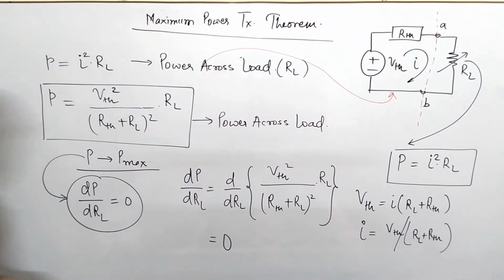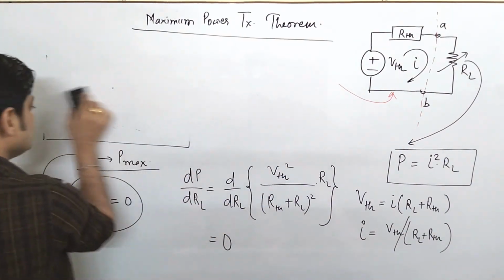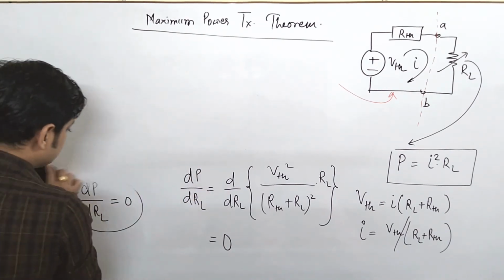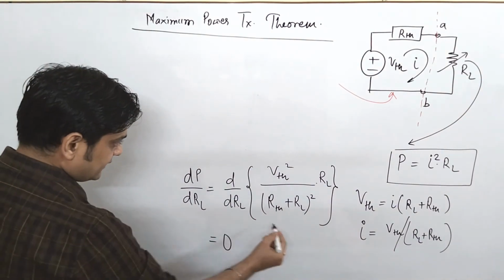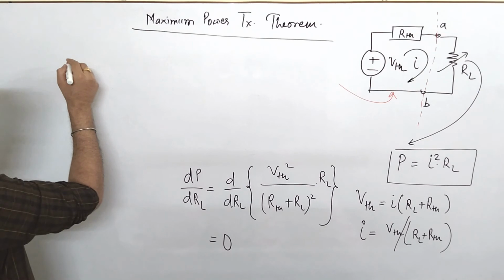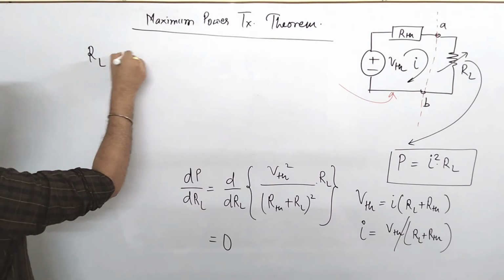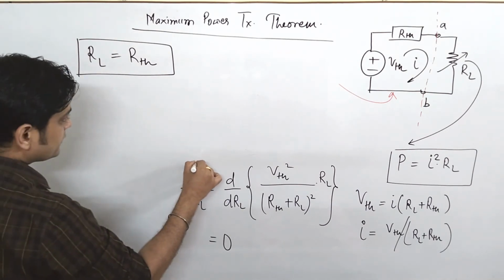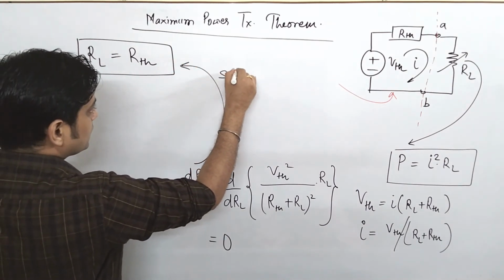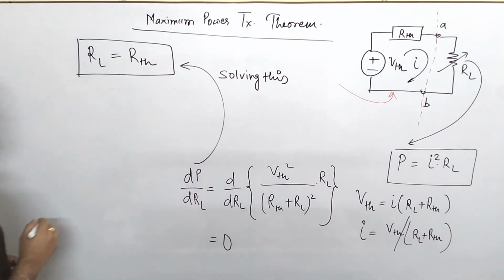So when you solve this, with a very simple differentiation, the value of RL comes to be RTH.